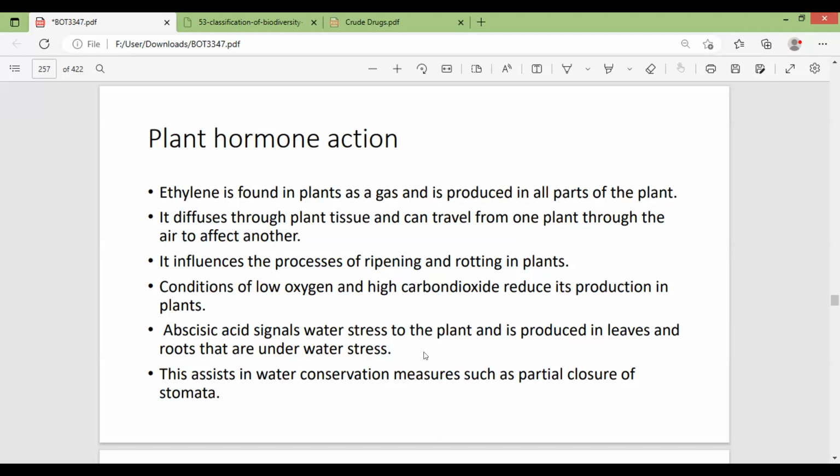So abscisic acid is your stress hormone. It signals water stress to the plant, and it's produced in the leaves and roots under stress. It will prevent water loss and will be induced in times of stress.